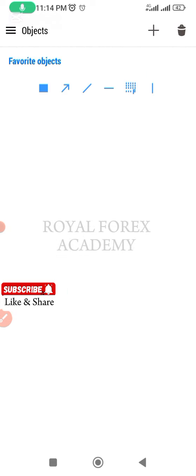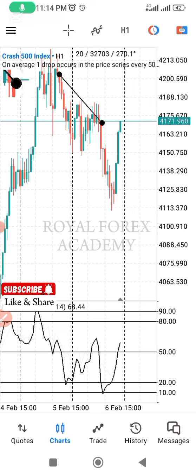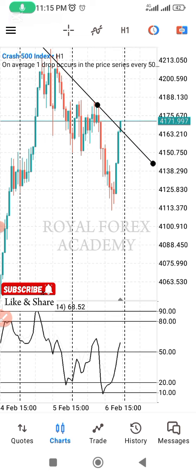And here is a typical bullish flag pattern. You can see the flag pattern formed right on my chart. Now that I've spotted this flag pattern, you can see that price has broken out of the pattern and has closed. Follow me carefully.